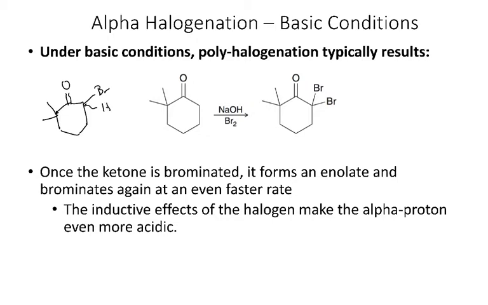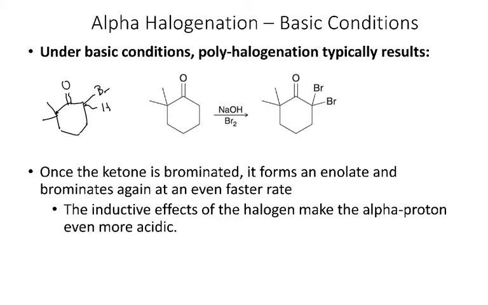And so if I deprotonate that with my base, that's going to give me a carbanion here. And that carbanion is going to be even more stabilized than the original carbanion, because now I have the halogen, and through inductive effects, it's going to stabilize that carbanion even more, making this proton even more acidic than the first one. And so it's going to be even more susceptible to the addition of another bromine. So if we want to add multiple bromines, that's great. If we just wanted to add a single halogen, then it's probably better to do this under acidic conditions.